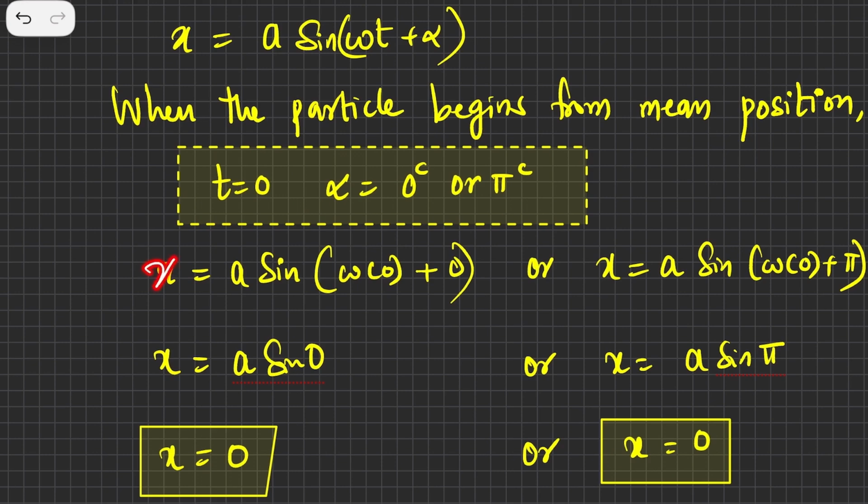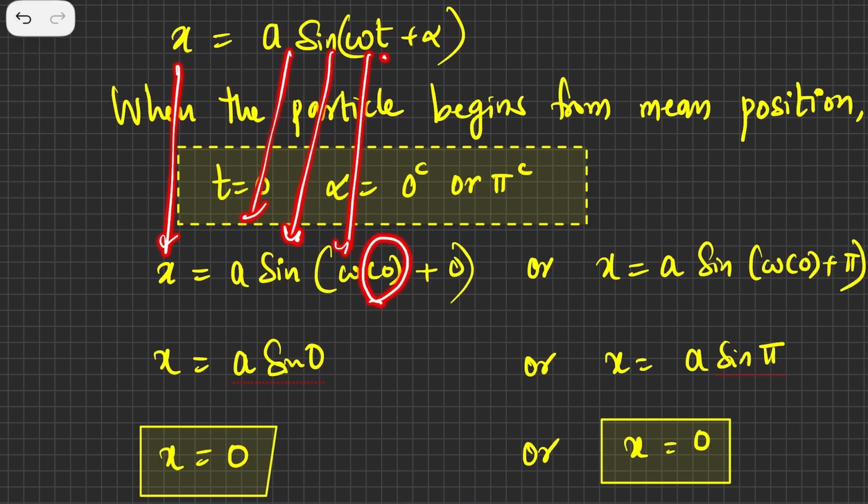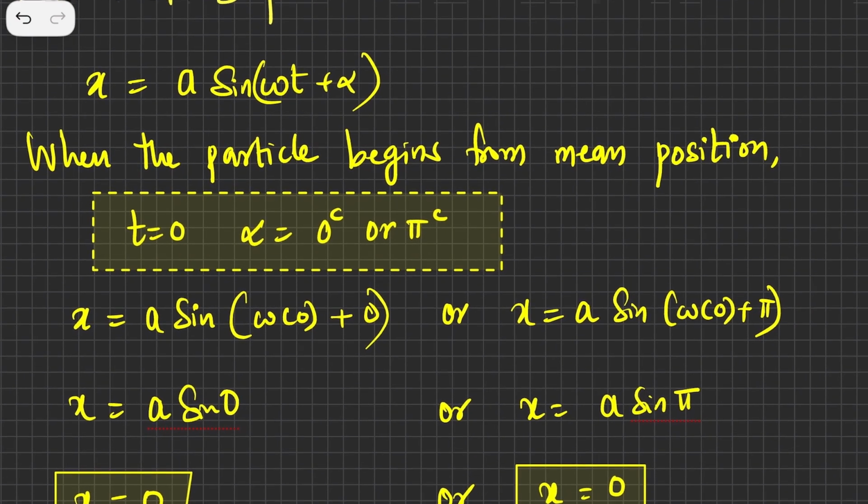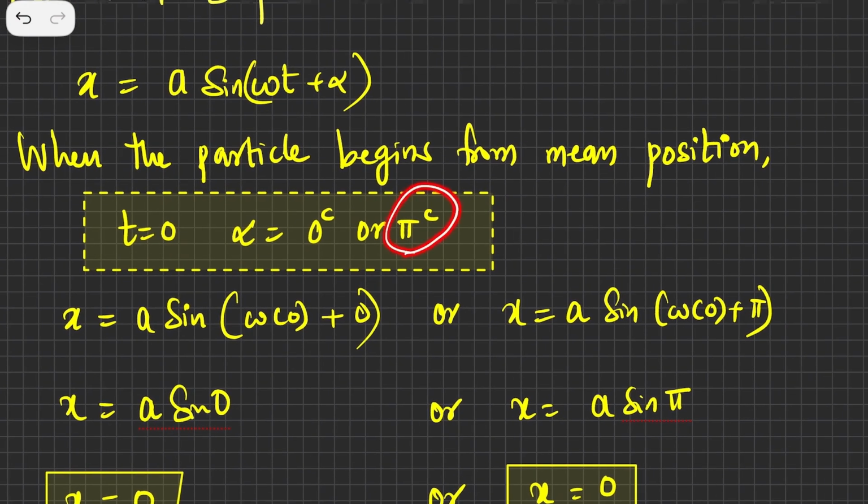If I put these two values in the above equation, x stays, a stays, sine stays, omega stays, and wherever there was t, I put 0, and wherever there was alpha, I put 0. So 0 into anything is 0, 0 plus 0 is 0, and sine 0 is 0, so 0 into a is 0, and I get displacement x equal to 0. If you put the other value, pi, then wherever there was t I put 0, and wherever there was alpha I put pi.